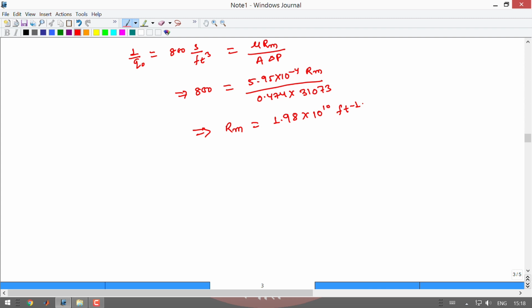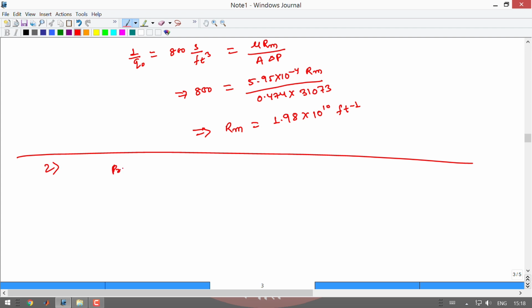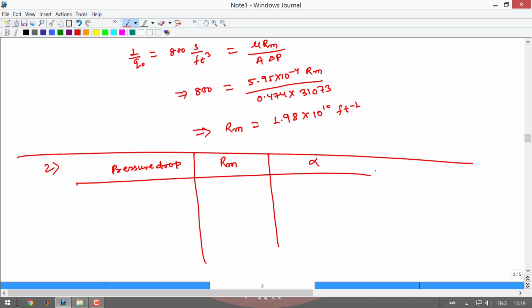So, in this question a table is given, pressure drop versus filter resistance and specific filter resistance alpha. This table is given.